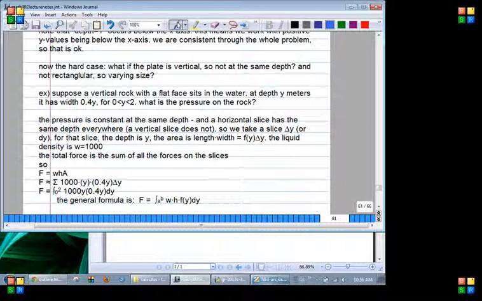And so that is the source of the general formula. So in here, I put the depth is h, but typically, except in some strange situation, the depth is going to just be y. So you could almost make this W times y times f of y dy.